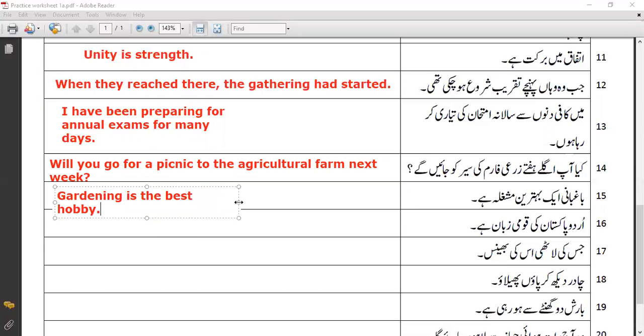If you have a better translation, please let me know. This is what I feel seems fine. Let's come back. Okay. The next sentence here. उर्दू पाकिस्तान की कौमी ज़बान है. So for that, it's very simple.